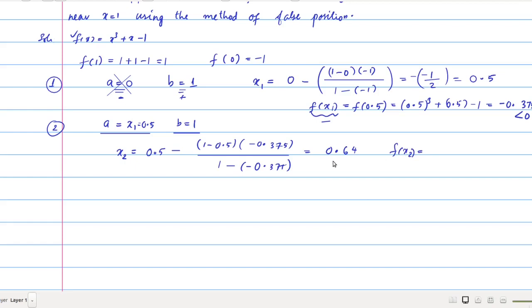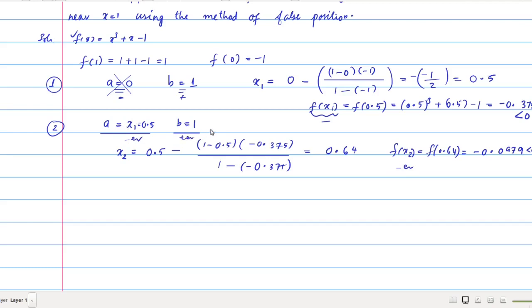f of 0.64, evaluating using the same argument, is equal to minus 0.0979, which is again less than 0. So this value is negative, and at b the value is positive.